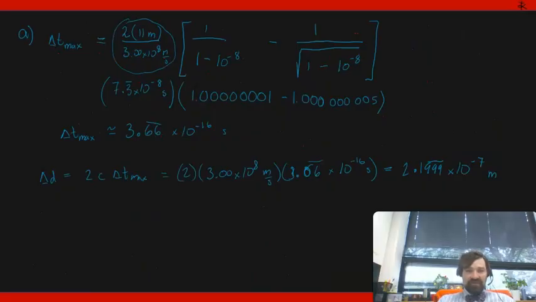So to get the delta N for this, that is going to be delta D over lambda, and that is going to be 2.199 times 10 to the negative 7 divided by 5.6 times 10 to the negative 7, both in meters.